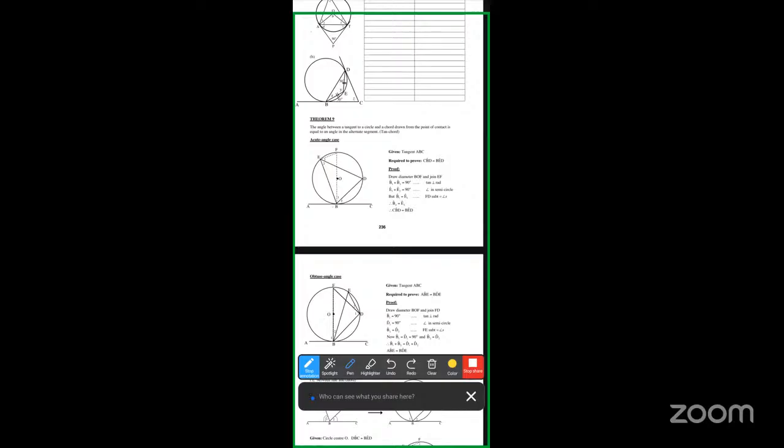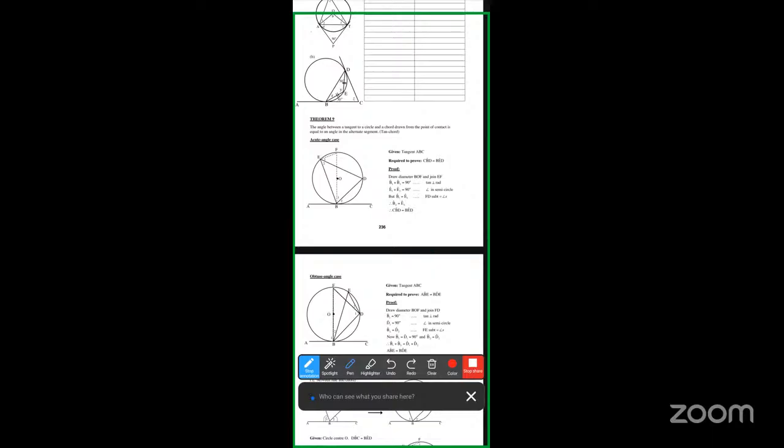Same applies with this angle, and then we focus on this chord. This is our tangent. We go to the angle that is opposite to that chord of focus, which is this angle. Therefore, this angle is equal to that angle, reason being tan chord theorem. Then we are done with those theorems.